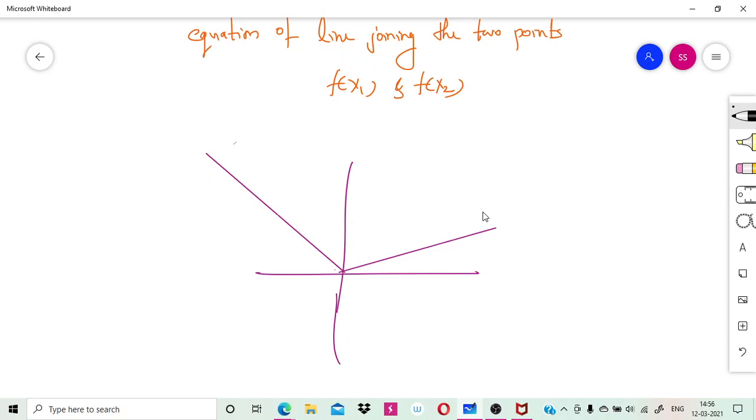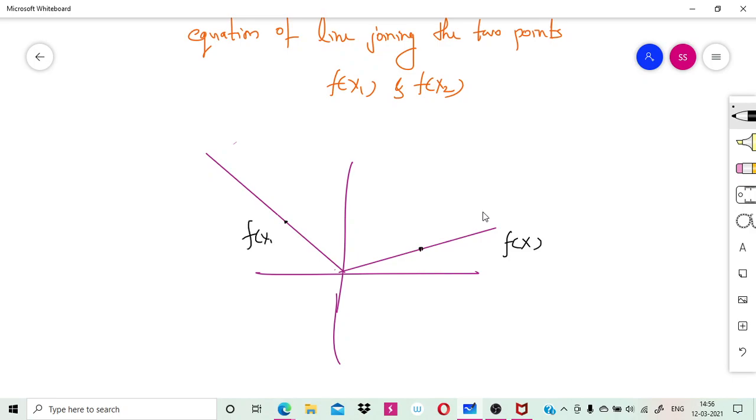Again, you have to consider 2 points on this graph. This is our f of x graph. I am considering 2 points like this.